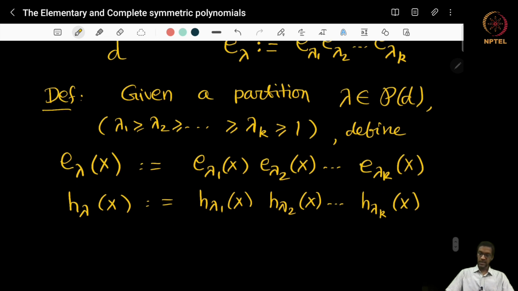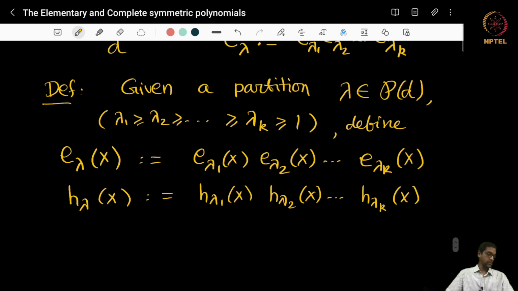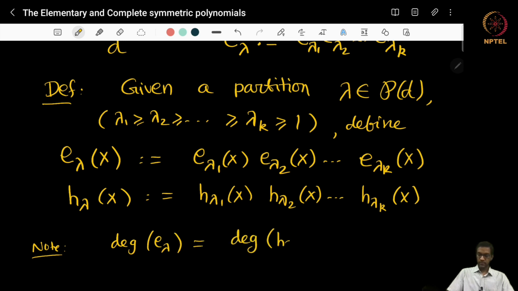Now both of these are homogeneous symmetric polynomials of degree d. So observe, note, the degree of e lambda is the same as the degree of h lambda, which equals d.